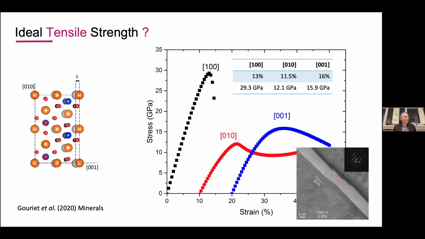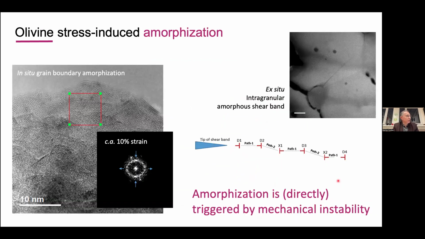So we have here, I think, consistent evidence that this is what is occurring. So our idea is that amorphization here is directly triggered by very high stress, which locally destabilizes the olivine structure.